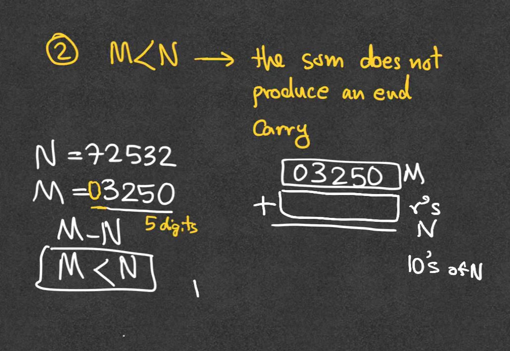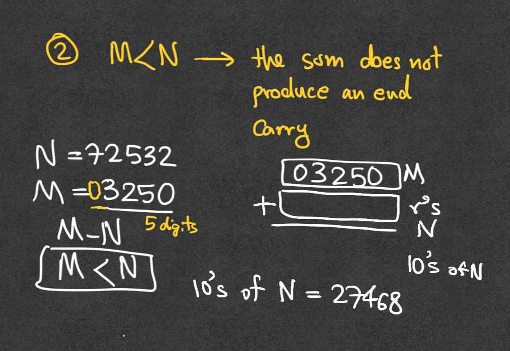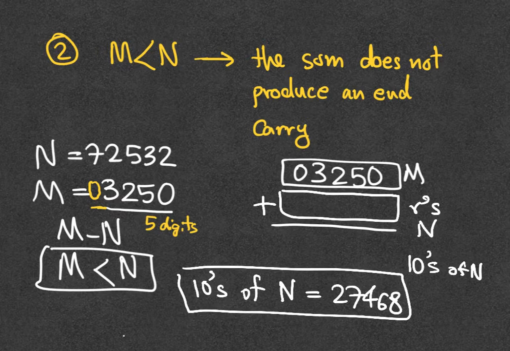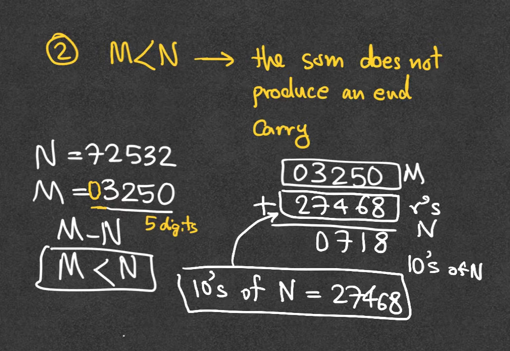First find the tens complement of n. So this is the tens complement of n. You just replace it here, and then you do the addition. Okay, you get 81703.